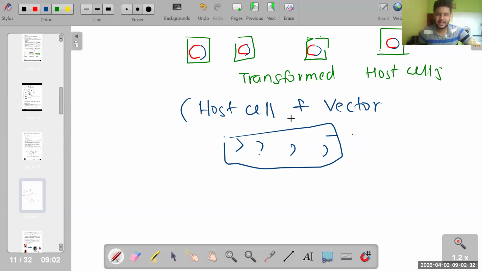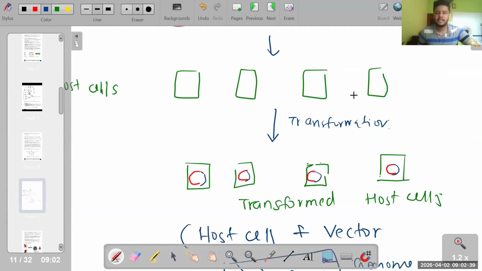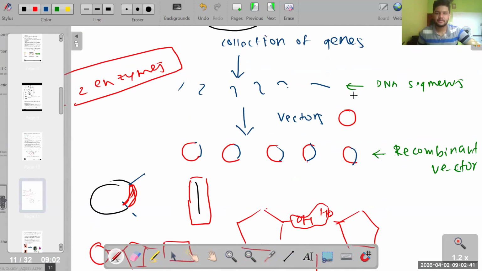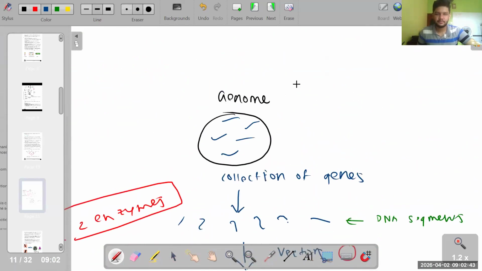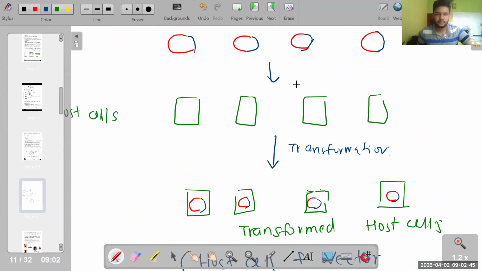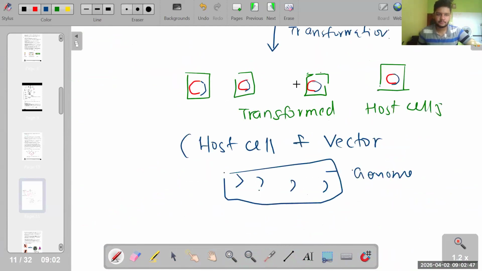Right? And they're saying this genome is identical to this, it seems. This genome. Correct or wrong? Correct.